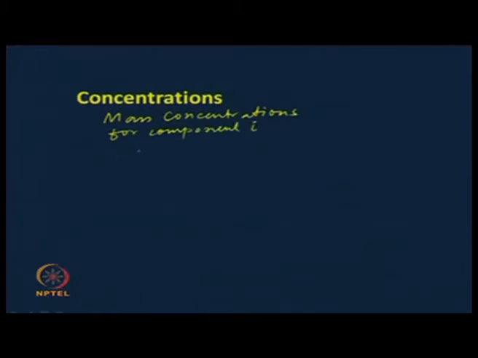This is defined as rho_i equal to m_i by V. So, the total mass concentration can be written as rho equal to summation over i equal to 1 to n.